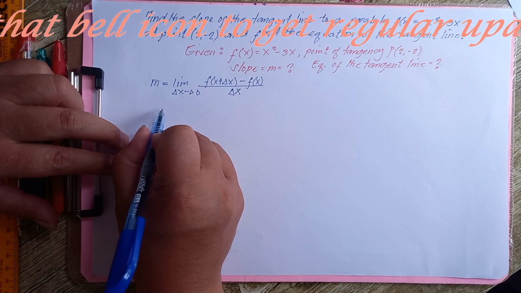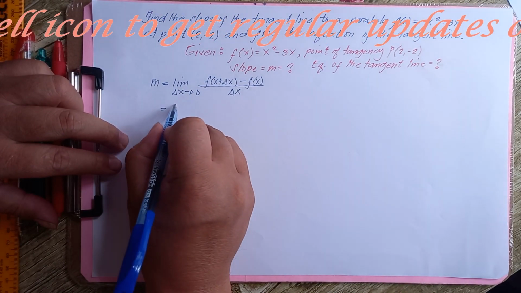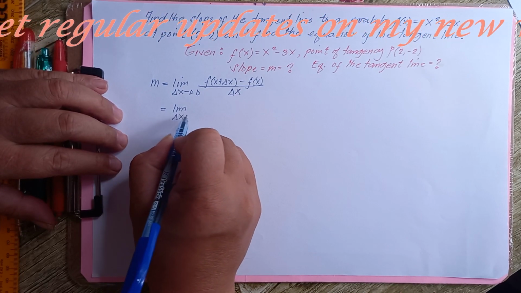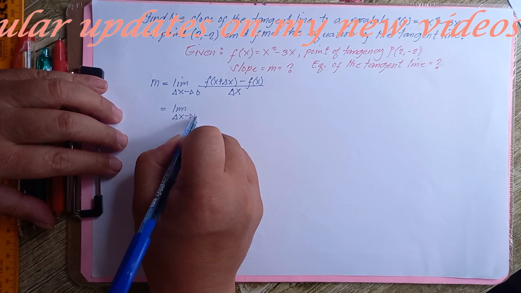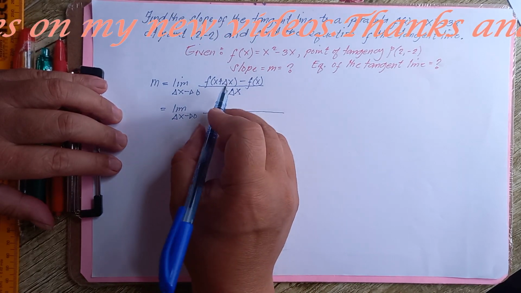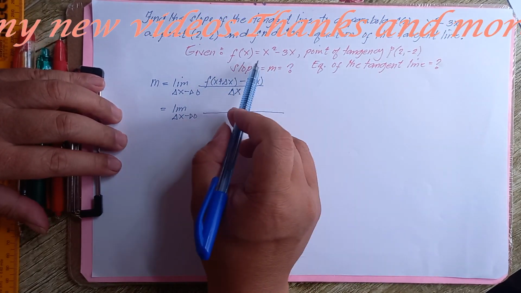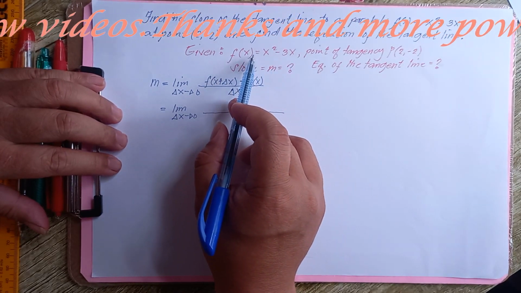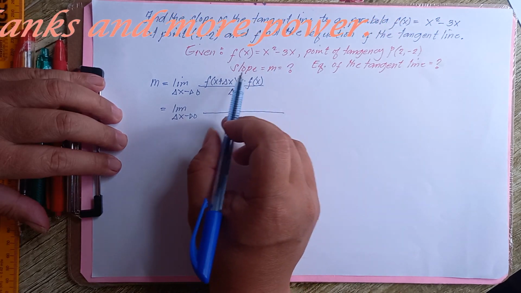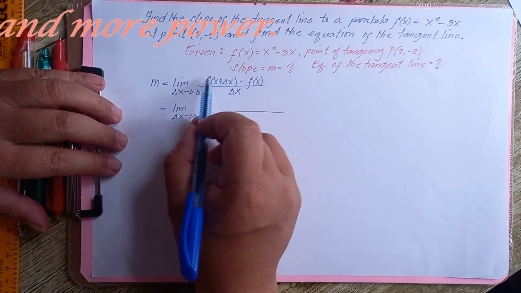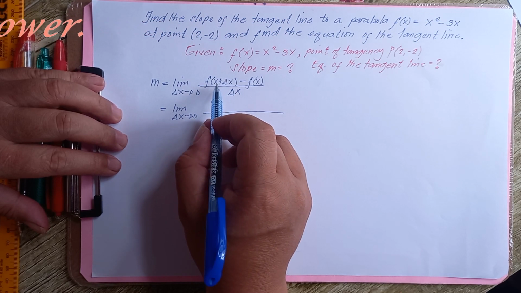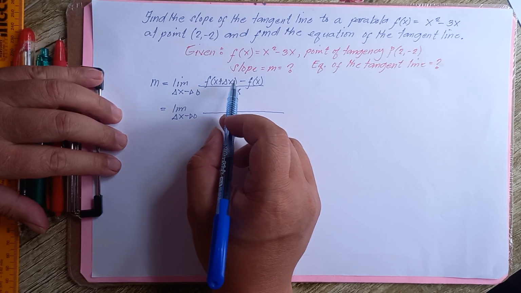Okay, and so that when we are going to solve for that one, let's start now. We say the limit as your change of x approaches 0 of what? We have to remember that our function f of x is equal to x raised to 2 minus 3x. So the first element in here will be this one.